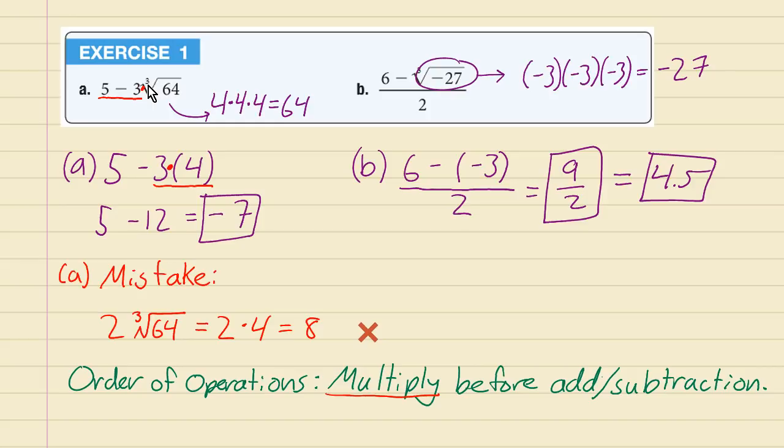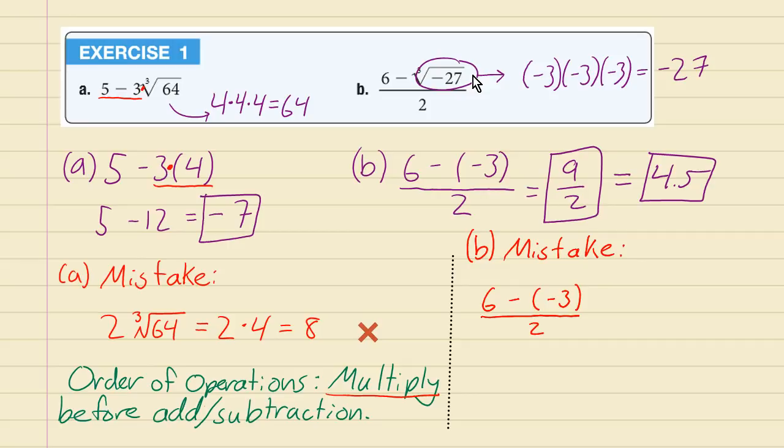And a common mistake with B is to do the 6 divided by 2 first and turn that into 3 minus negative 3. What that would look like is when you reduce this 6 over 2 to become 3 over 1, you'll get 3 minus negative 3, which is just going to become positive 6, which is not correct.